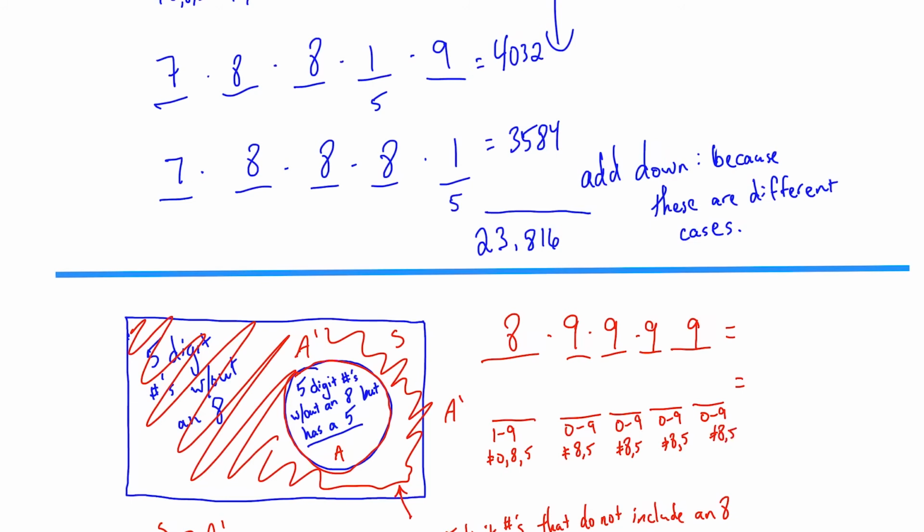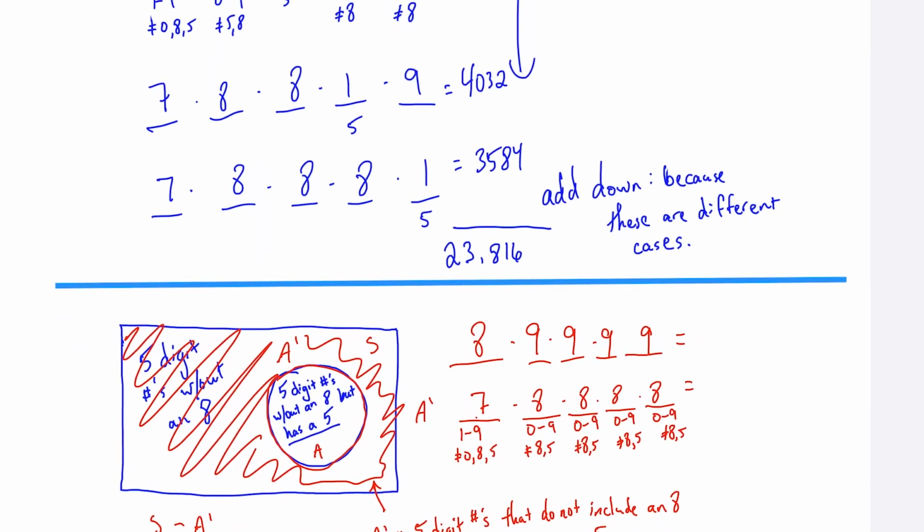Okay, so how many options are those? So for this first spot here, we have the option of a 1, 2, 3, 4, 6, 7, 9, which is 7 options. The next spot has 0, 1, 2, 3, 4, 6, 7, 9, which is 8 options. And the rest of these are all 8 options as well.